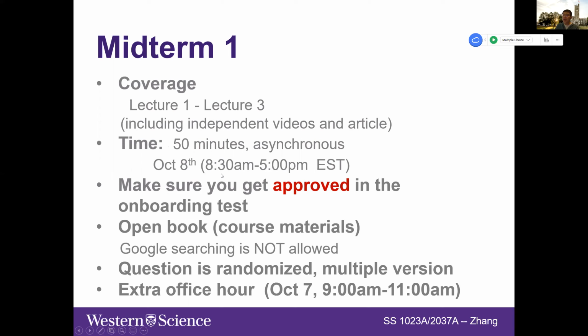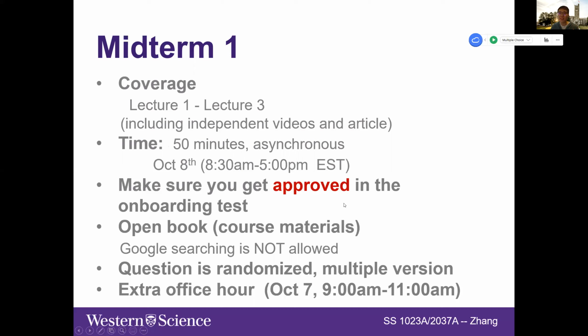I do want to emphasize that you should make sure you get approved, rather than just getting something like a no attempt label after trying the onboarding test. Some students tried the onboarding test but didn't get approved yet, probably because they didn't pass the identification part.